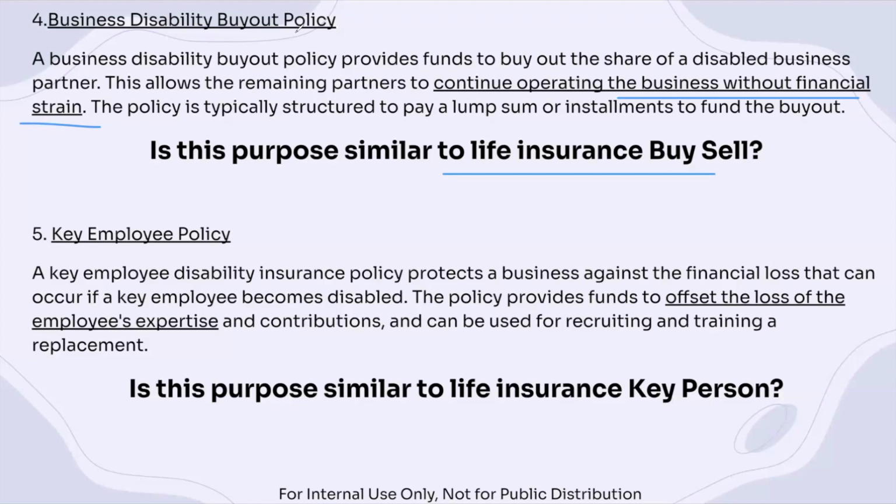With the key employee policy, we also want to relate this to what we talked about with the life insurance key person policy, because once again, it is really similar. This is the policy where if a key employee becomes disabled, and this key employee could be a CFO, or a person who has helped the company earn a lot of revenue, that can all be classified as a key employee.